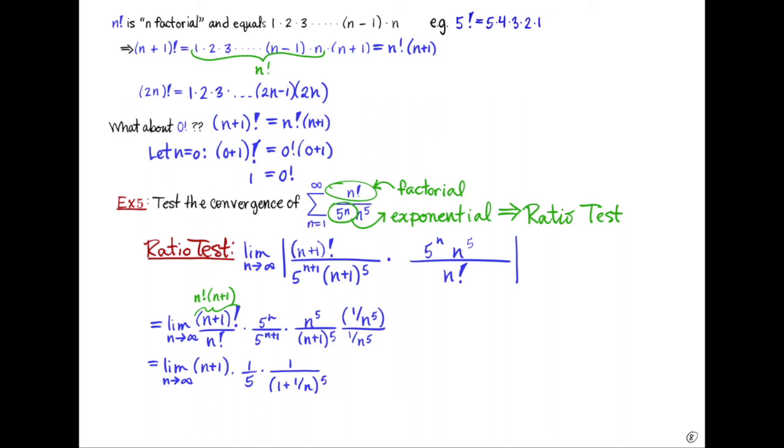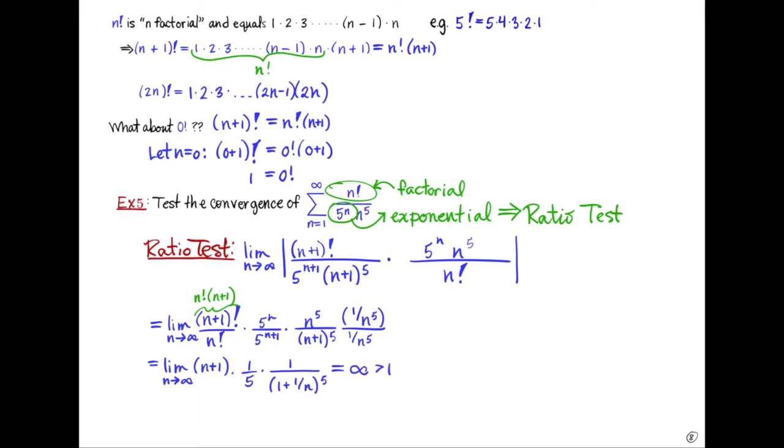As n is going to infinity, the 1 over n goes to 0. And so we have 1 times 1/5 times something that is growing without bound. And so the whole limit goes to infinity. And infinity is most definitely greater than 1.